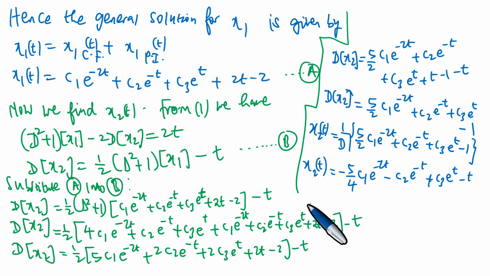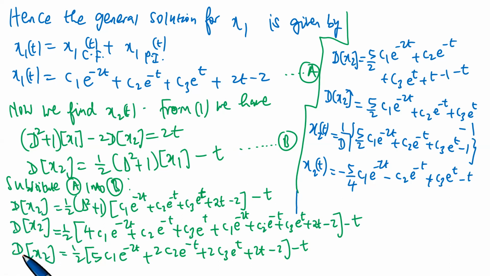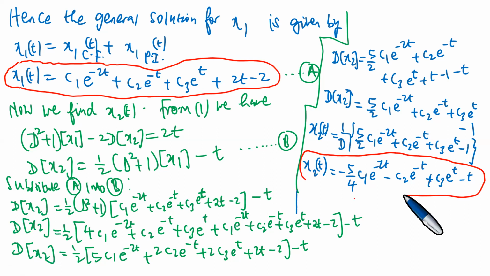So we got x2 to be this, but we need to remember x1. X1 is this. So what do we have here? We have that x1 is this guy here. Okay, this one. X2 is this one here. So we have x1 and x2.